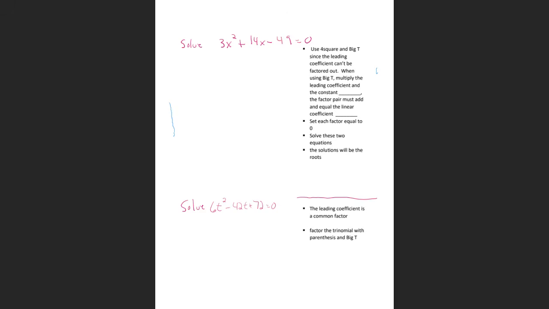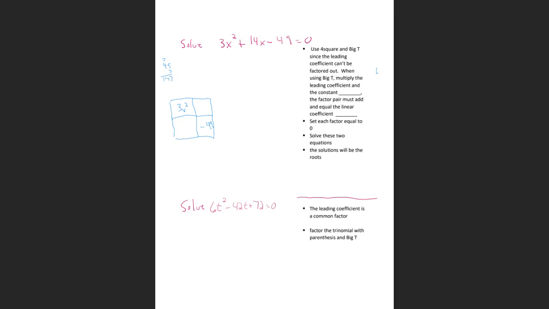Now remember, when you use four square and big T, the upper left-hand corner in the four square is the quadratic term. The bottom right-hand corner is the constant. And we have to multiply 3 times negative 49 to get that answer. So what is 49 times 3? I don't have my calculator next to me. So 27. That's going to be, looks like 147.